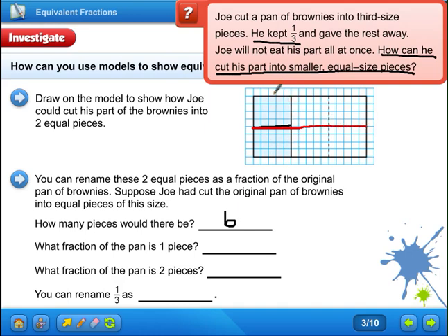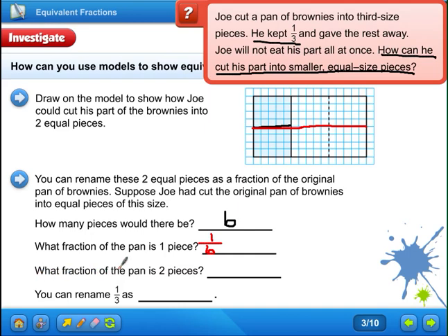Remember, this is all he has right here, but we're showing if he cut all of them like this. So what fraction of the pan is 1 piece right here? How many total pieces does he have of the whole brownie pan? He would have 6, and 1 piece would be 1/6.